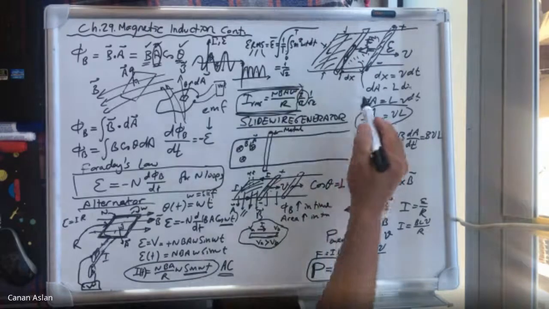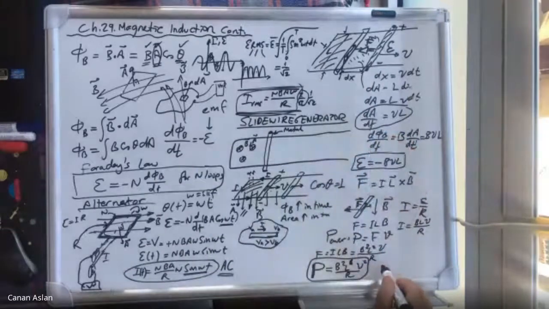And the velocity, how quickly you are pulling to the right, is how much power you have to apply. Also, this power is inversely related to the resistance. So if the resistance increases, then the power just reduces a little bit.